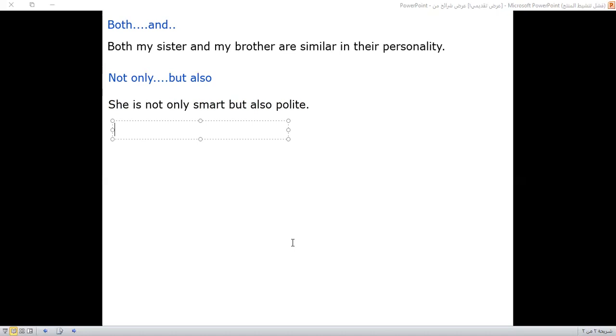Now let's move on to either or. With either and or, you understand from before that it means you have two options. So for example, if you have a sentence, please help me.